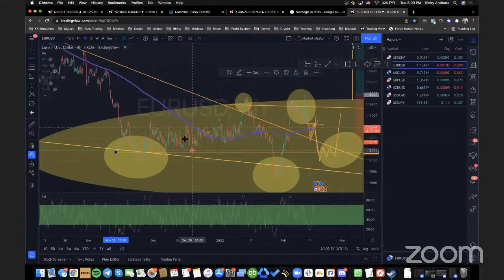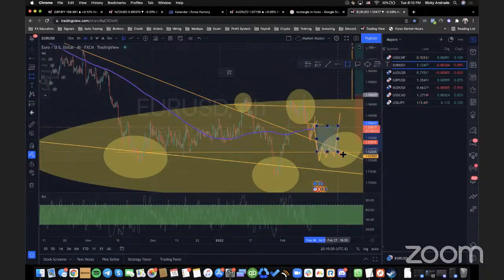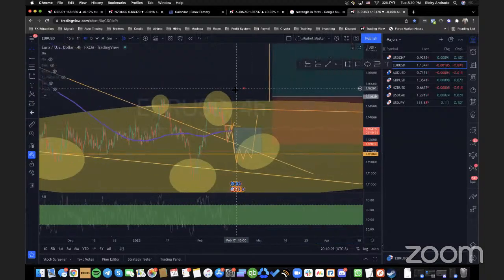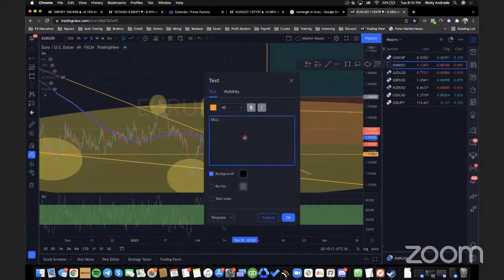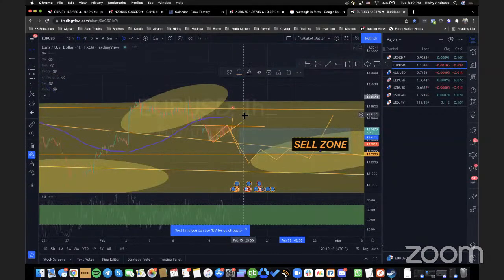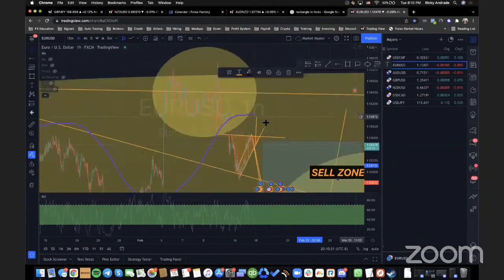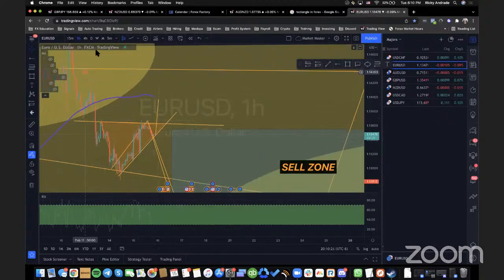So I'm going to be looking for short-term sells for a little bit, aiming for this target here. This would be my short sell zone. And so that being said, let's see what we have here.